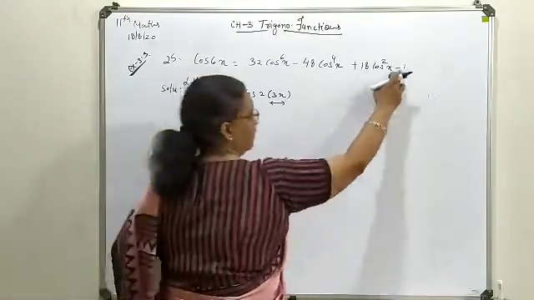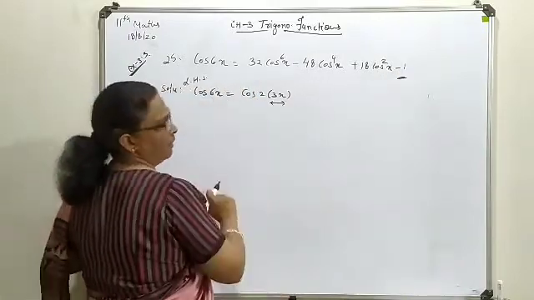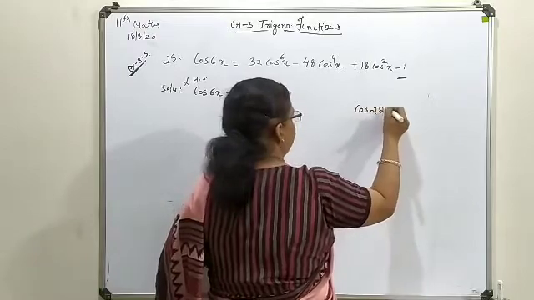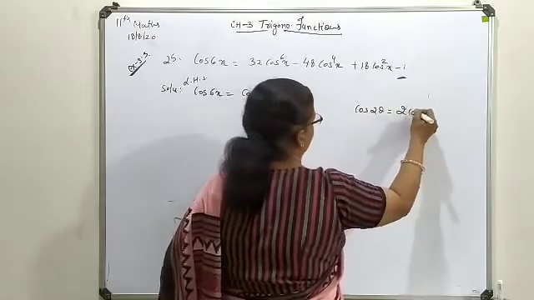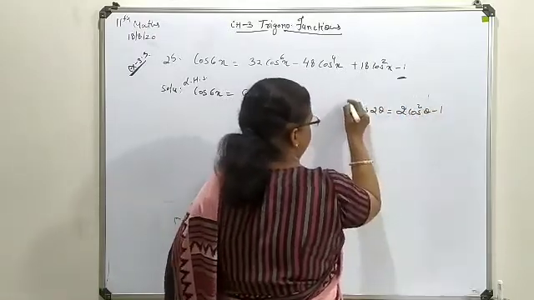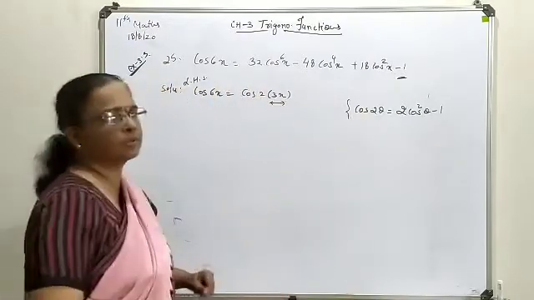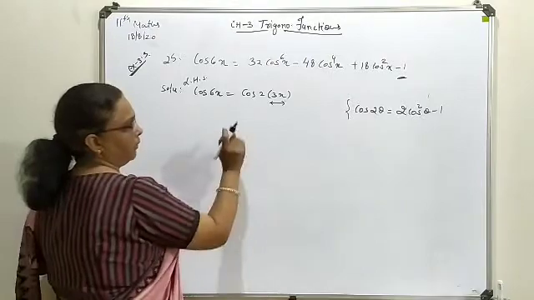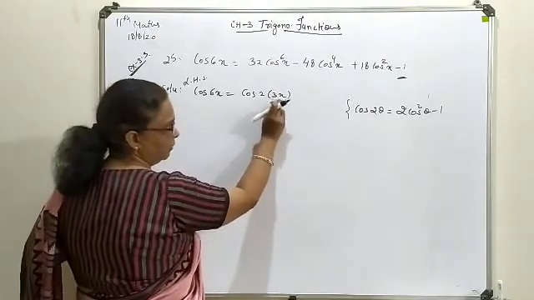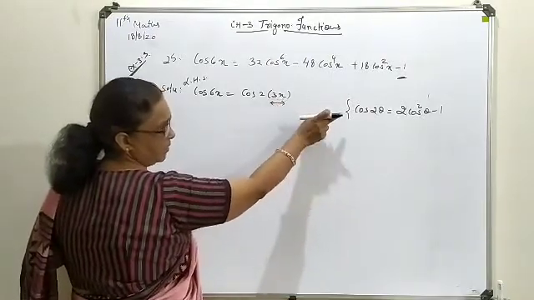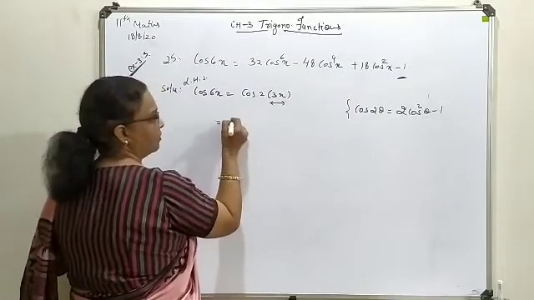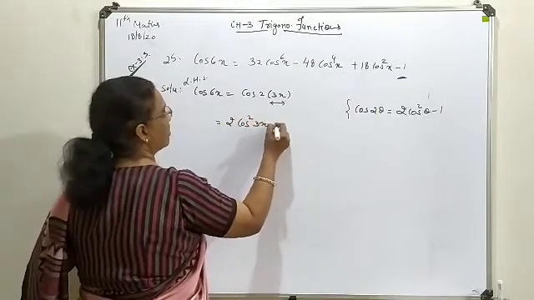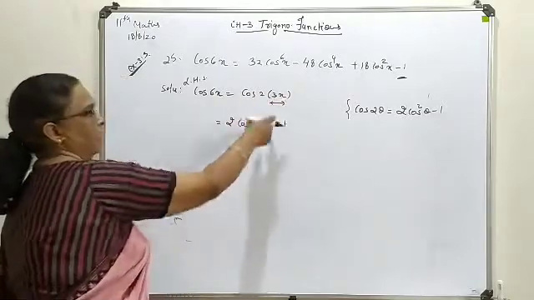Now as this minus 1 is to be written in form of cos, implement the formula cos 2 theta is equal to 2 cos square theta minus 1, in terms of cos only. In place of theta you can use x, so no problem. Now here in place of theta you will write this 3x in this formula form. So this will be 2 cos square 3x minus 1. So this minus 1 we have evaluated over here.